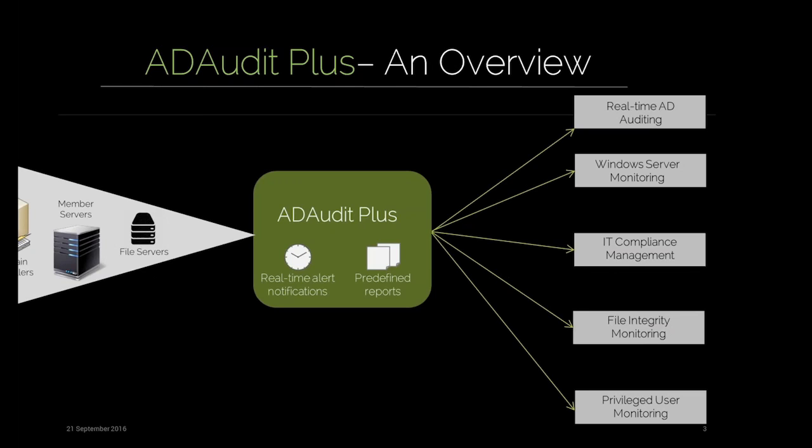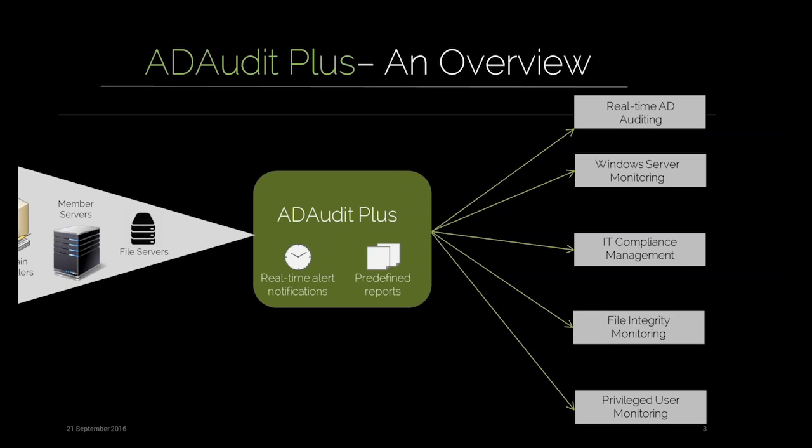So what is ADAudit Plus? ADAudit Plus is a secure, web-based Active Directory auditing software. It audits every change that's happening in your Active Directory. The best part of ADAudit Plus is that it does not install any agents on the domain controller.